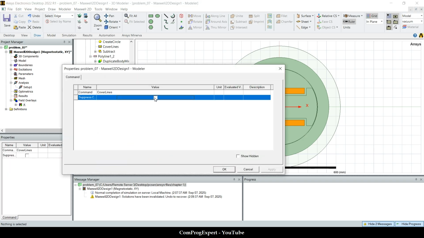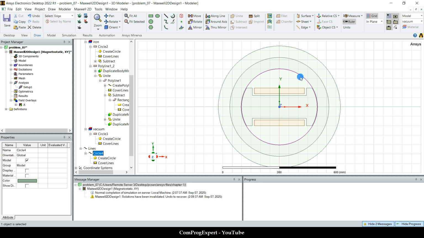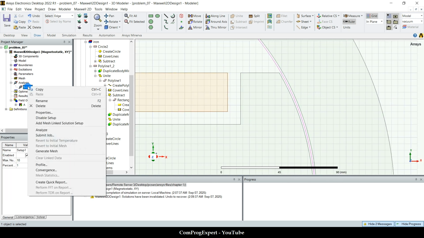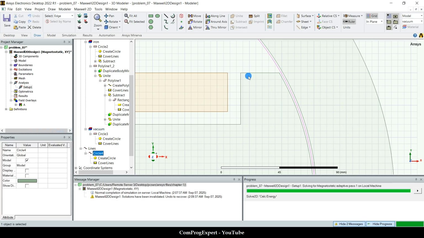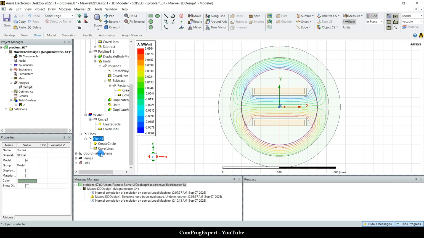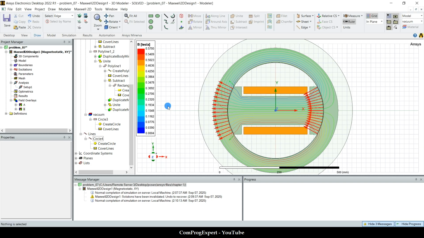Cover lines, no. I just want to have an edge object. So let's solve the problem again and plot the result. So if I select this edge, I can plot B on it, B vectors.